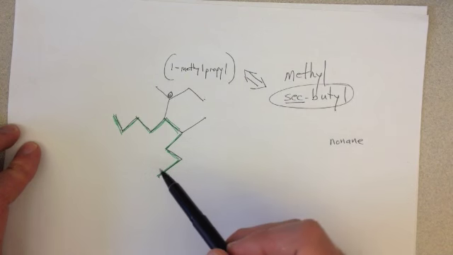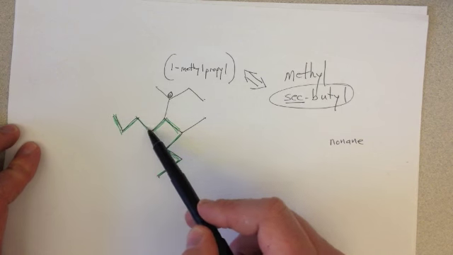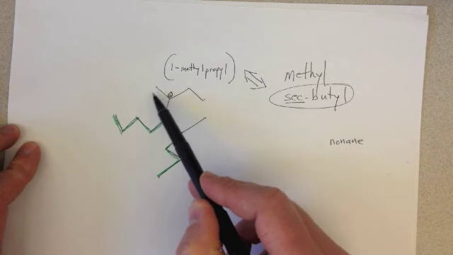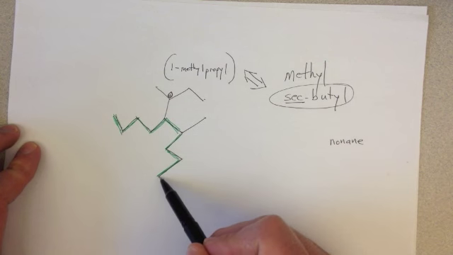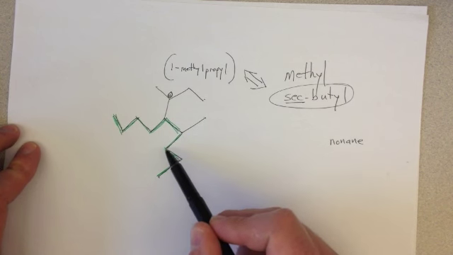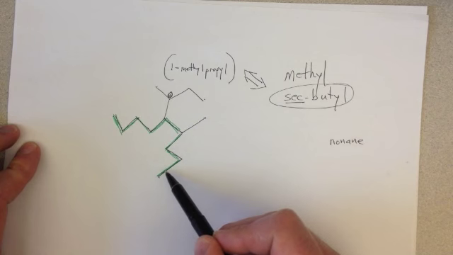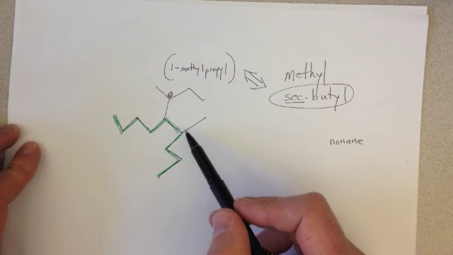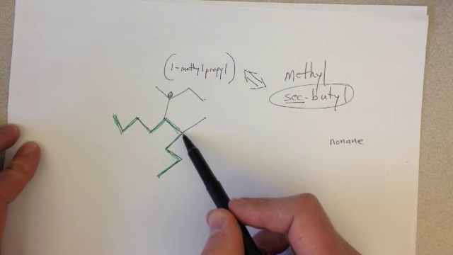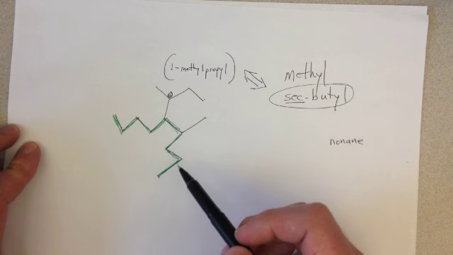Let's figure out which is the best. If I start with 1 at this carbon, 1, 2, 3, 4, 5, my 1-methylpropyl group ends up at the 5th position. If I start down here, I could go 1, 2, 3, 4. My methyl group would be at the 4th position. Now, since for the first substituent you want the lowest number, having a methyl at the 4th position is better than having a 1-methylpropyl at the 5th position.